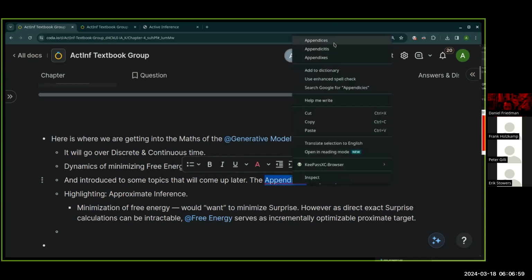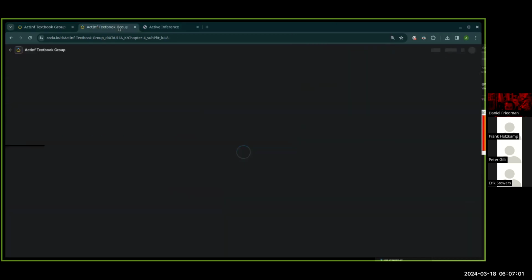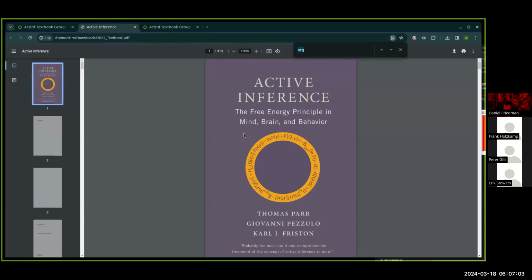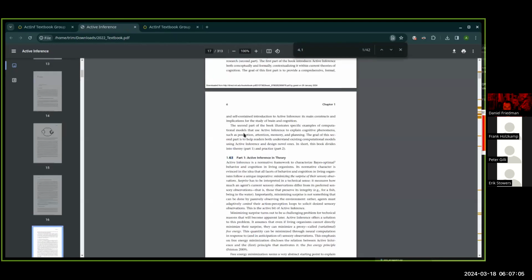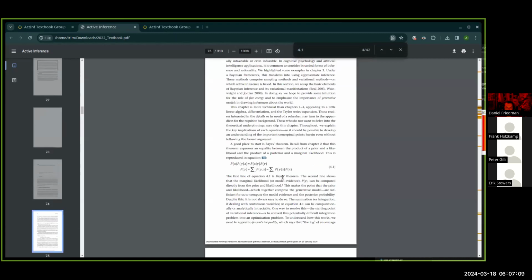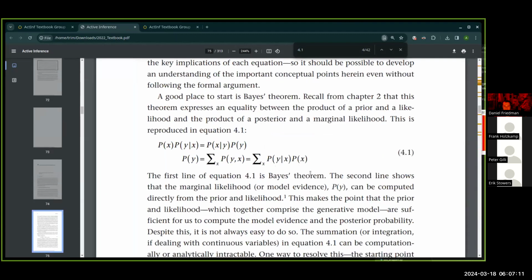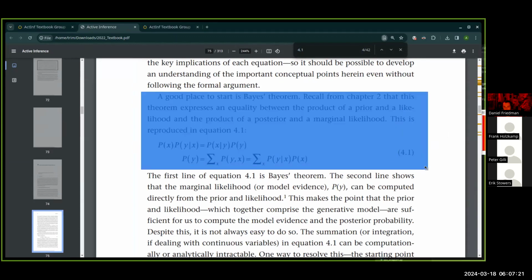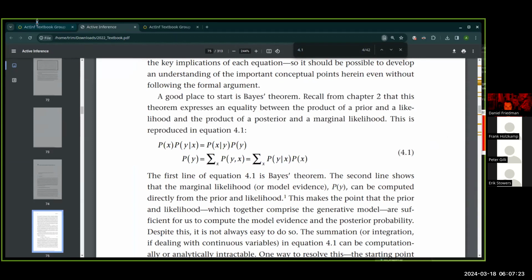We already know from previous chapters that a generative model in a certain way can be reduced to a prior and a likelihood. Those fit right into Bayes' theorem. That's equation 4.1. It relates the prior and the likelihood on the left-hand side, which you could replace with, oftentimes there's a notation, the letter M, to denote a model.